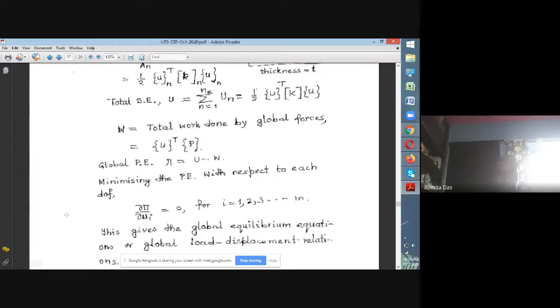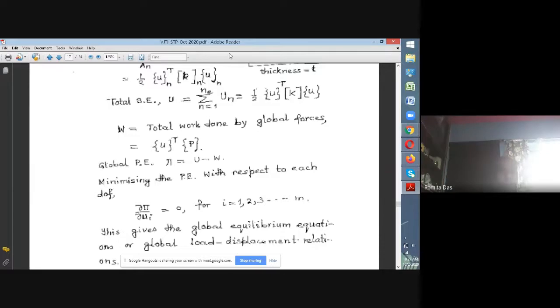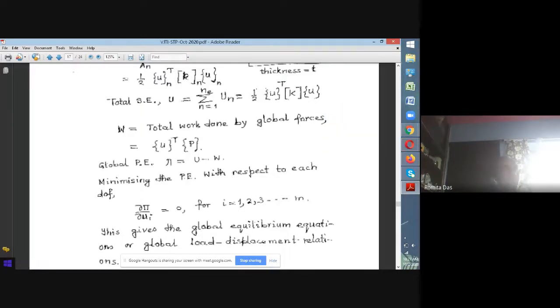So if we make use of this principle, and take the derivative of the potential energy with respect to each of the displacements, u1, v1, u2, v2, and all the nodes un, vn, then if you have m degrees of freedom, you'll get m equations. Each equation consists of m terms on the left-hand side, the stiffness matrix multiplied by displacement terms.